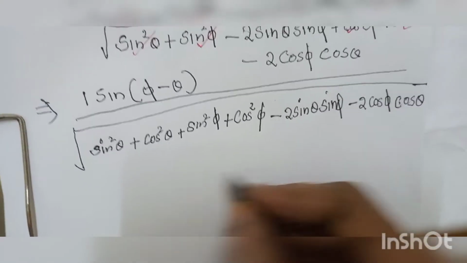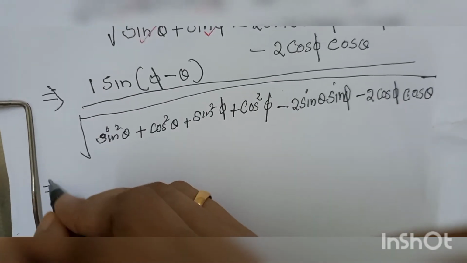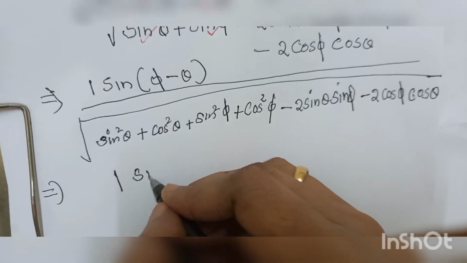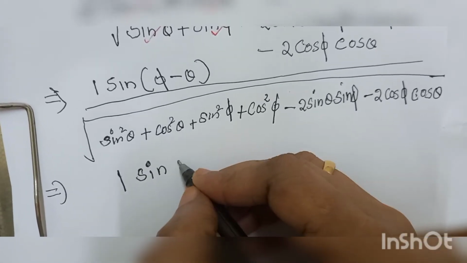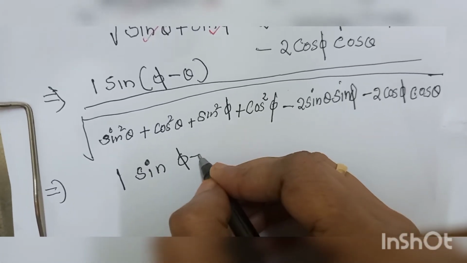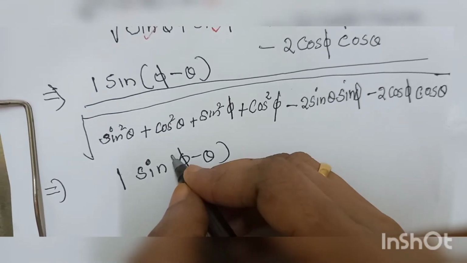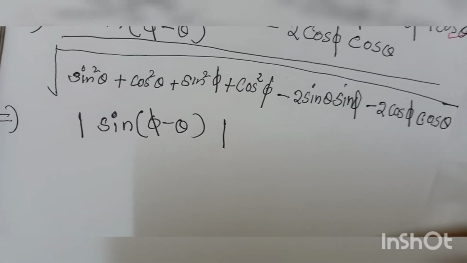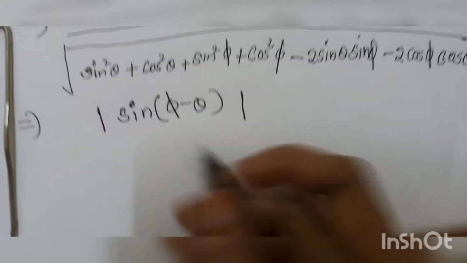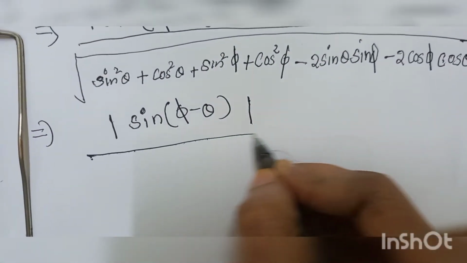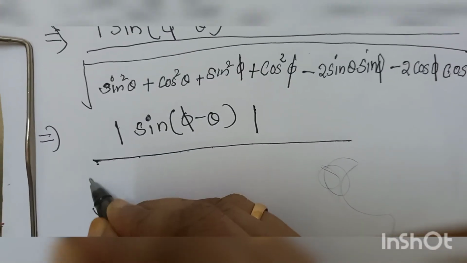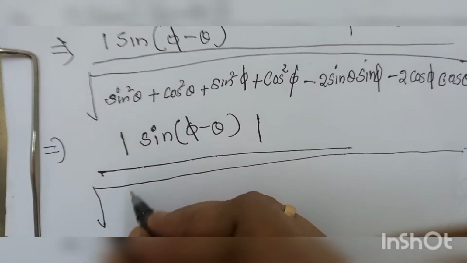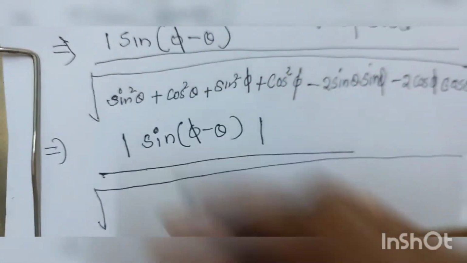Okay, so next step we can write modulus of sin (phi minus theta) whole divided by under root of sin. What is sin square theta plus cos square theta?